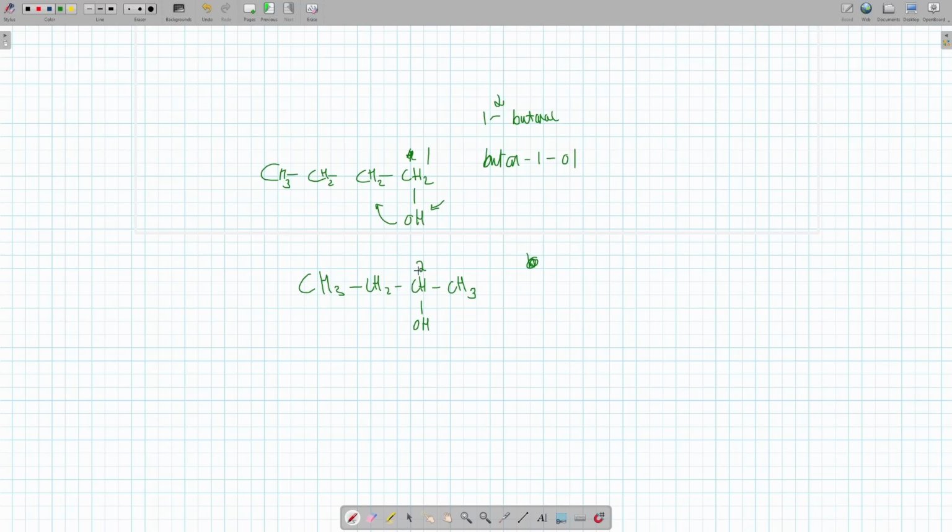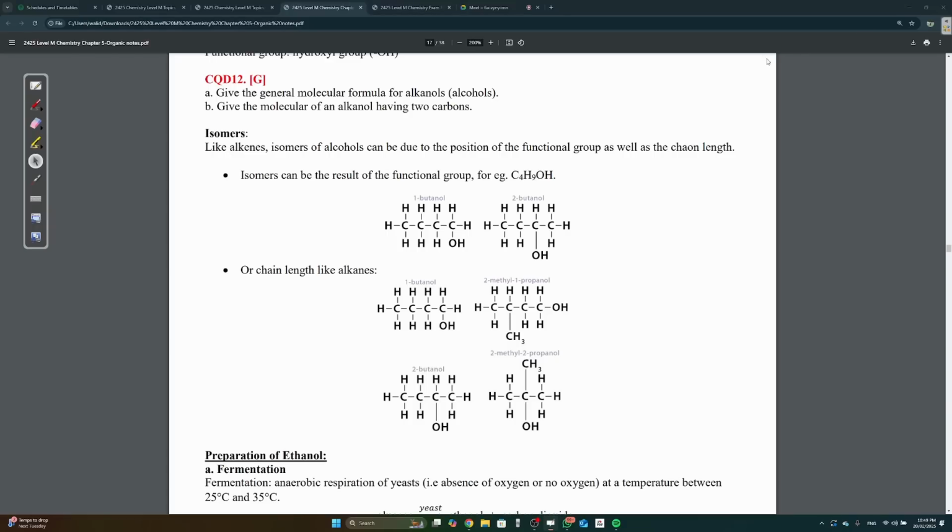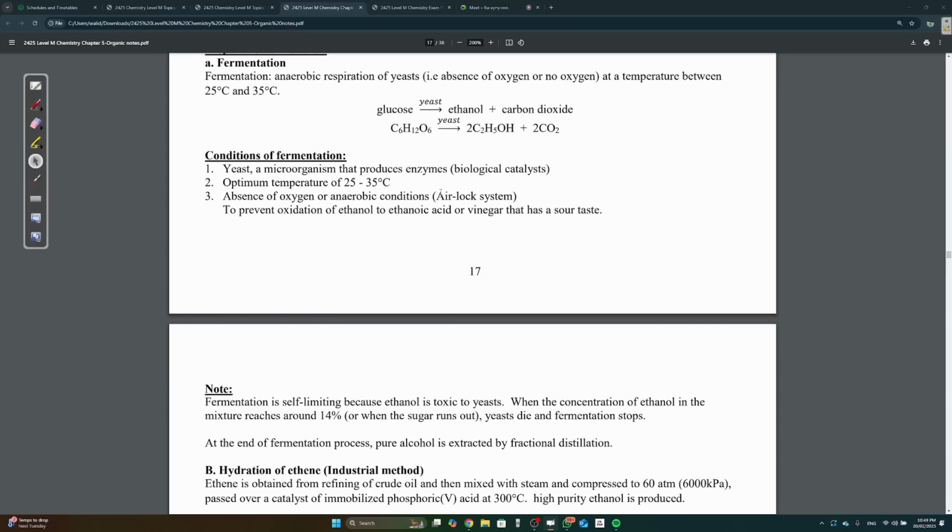If you start from the left, it's 3, but if you start from the right, it's 2. We're going to pick 2, obviously. So what's it going to be? Butan-2-ol. This is very important. You need to know the difference between these two molecules. They don't really stress too much on the longer ones for alcohols.